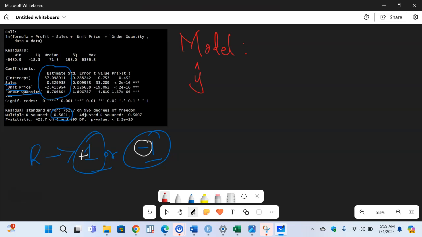So y predicted in this case will be given by b0 plus b1 x1, where in this case we know our x1 is sales, plus b2 x2, and we know very well our x2 is unit price, then the final is plus b3 x3, where we know our x3 is order quantity.